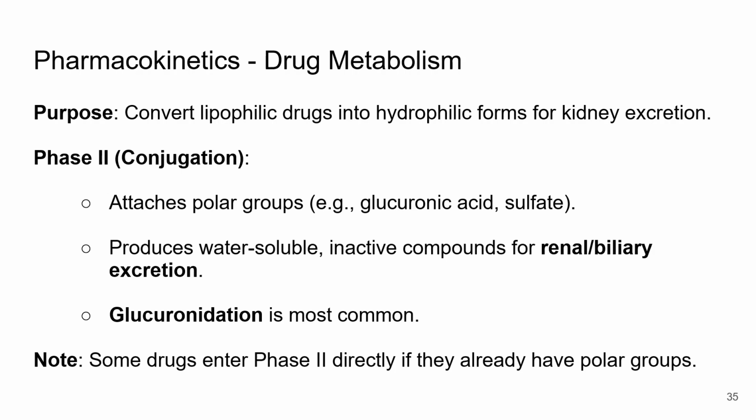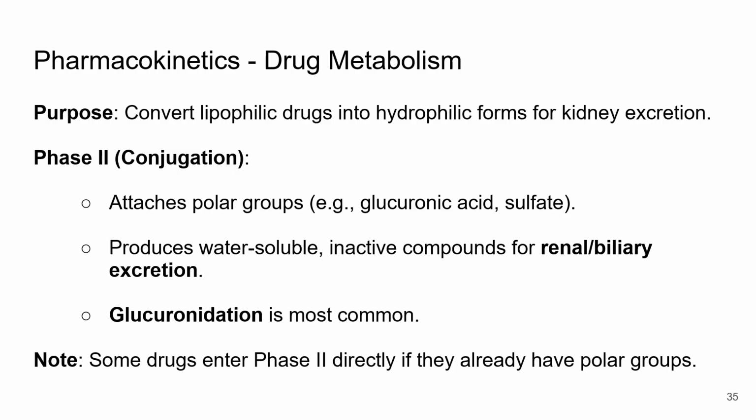Okay, so now we move to phase 2 drug metabolism, also called conjugation, which continues the process of preparing drugs for elimination. The overall purpose of phase 2 metabolism is the same as phase 1. We are still trying to convert lipophilic drugs into hydrophilic forms so they can be excreted by the kidneys or the bile. In phase 2, the drug or the phase 1 metabolite has a polar group attached to it.